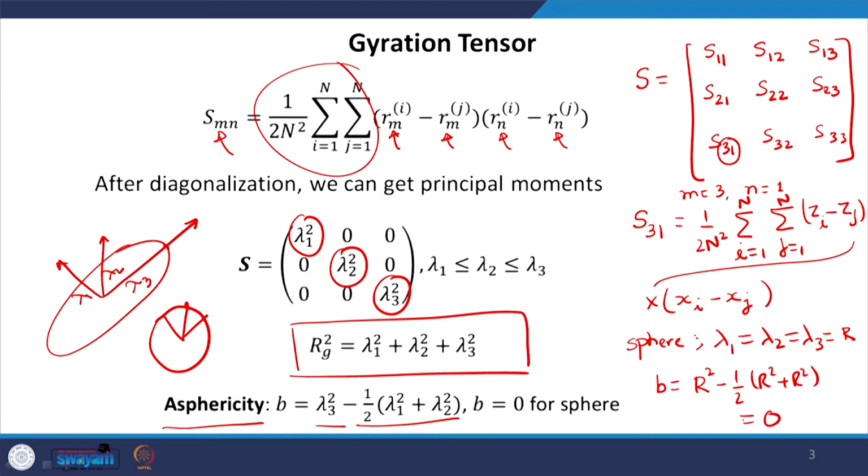Any deviation from 0 tells me that we are not forming a sphere, and the larger the magnitude of b is, or it can be negative as well, the larger the magnitude is, it tells me that we are departing from the sphere.